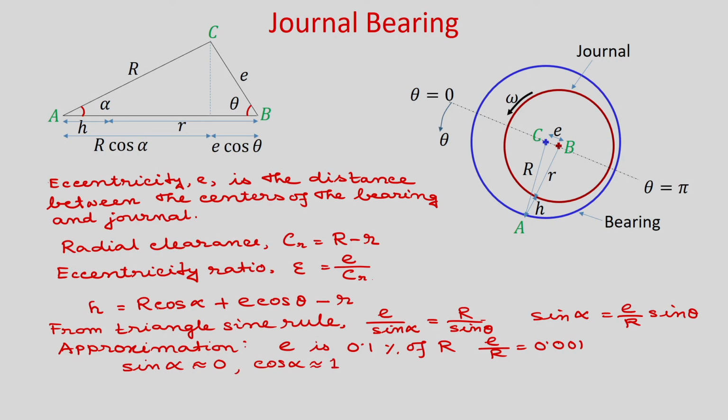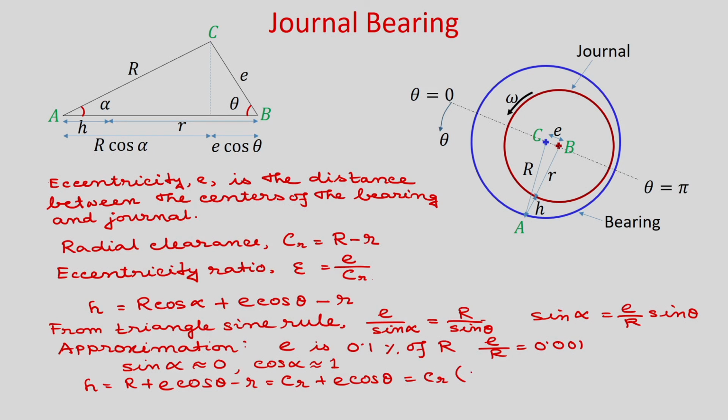Okay. So, if cos alpha is close to 1, then in this relation H will become r plus E cos theta minus r, and r minus r is nothing but the radial clearance C r. So, you can write C r plus E cos theta, and if you take C r outside then it will be E by C r, which is nothing but the eccentricity ratio.